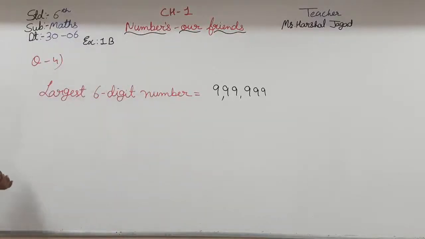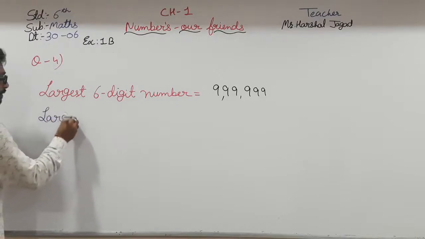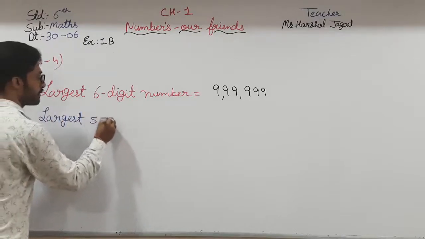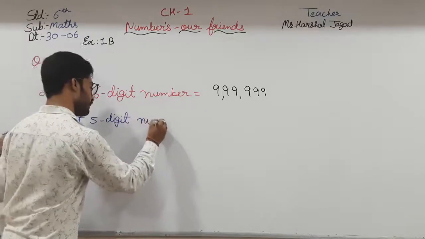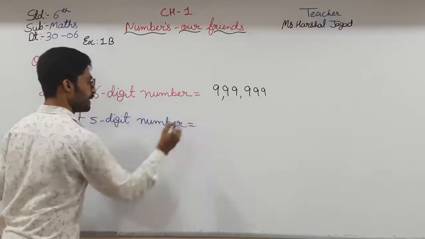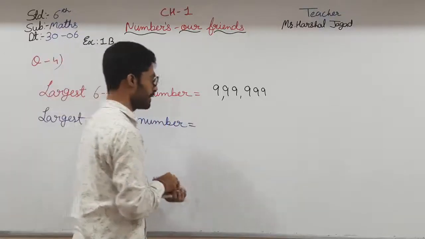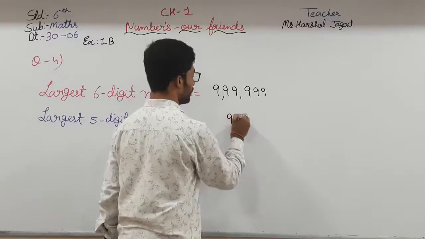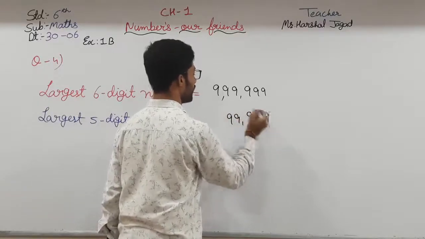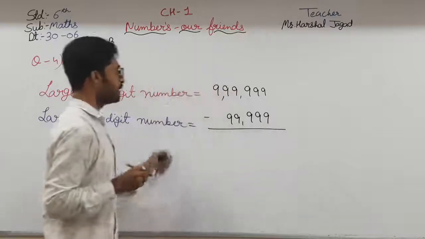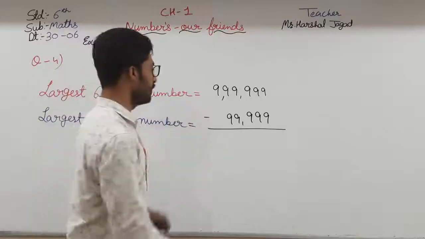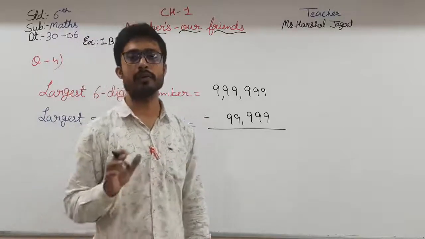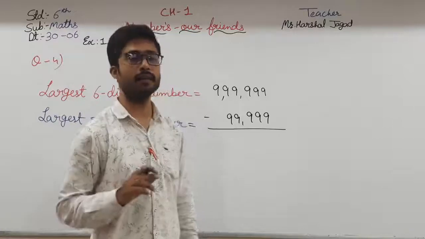So here the largest 5-digit number is 9999. As we subtract the largest 5-digit number from the largest 6-digit number, we will get how many 6-digit numbers there are in all.